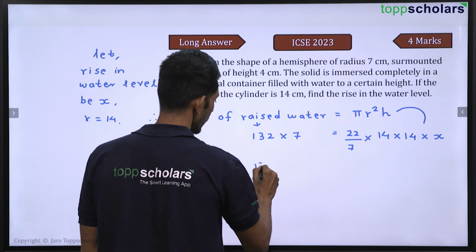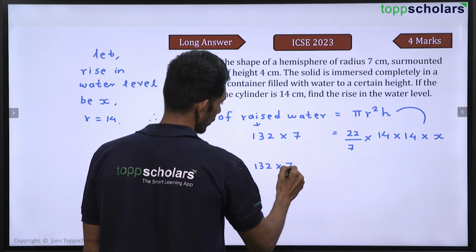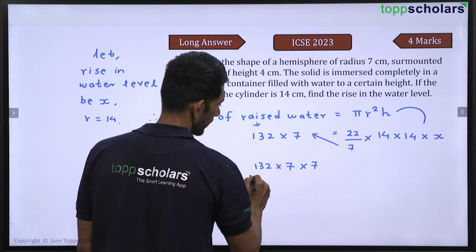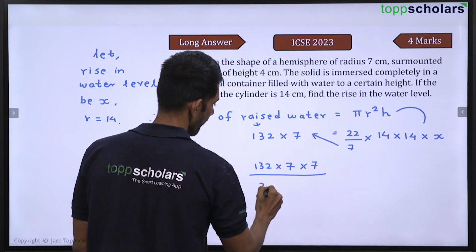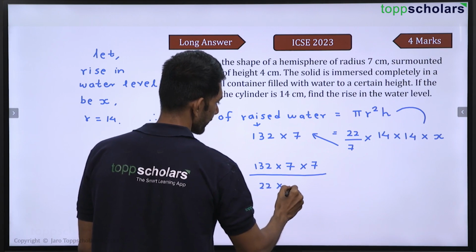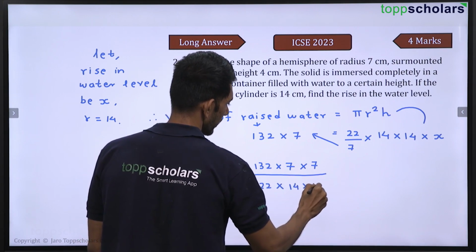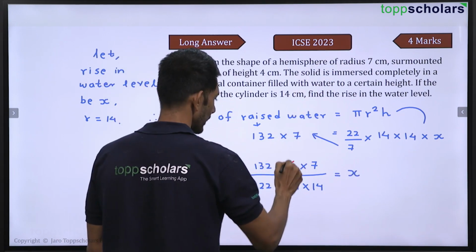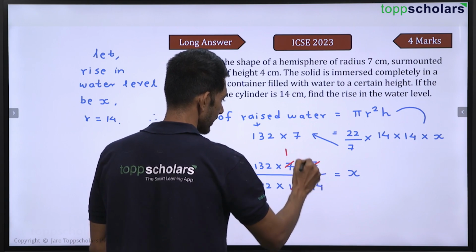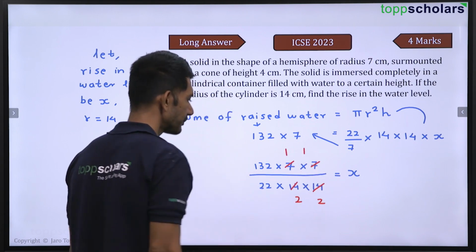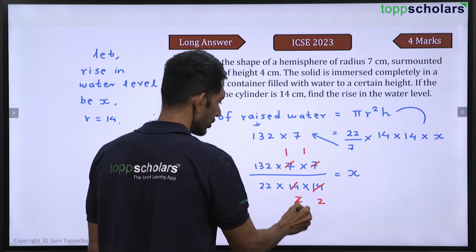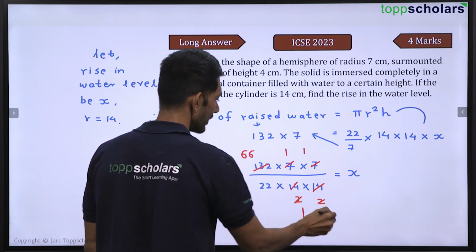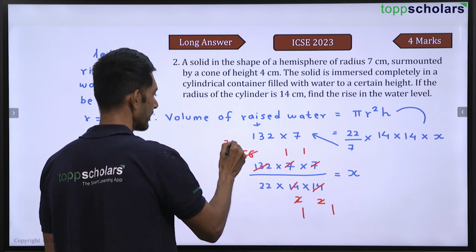You get 132 into 7 into 7, 7 goes here, divided by 22 into 14 into 14, and that is equal to x. So 7 ones are, 7 twos are, 7 ones are, 7 twos are. Correct? 2 ones are, 2 6s are, 2 ones are, 2 3s are.